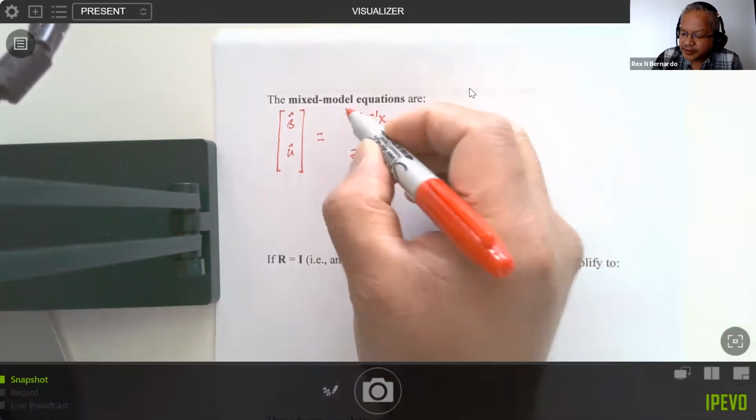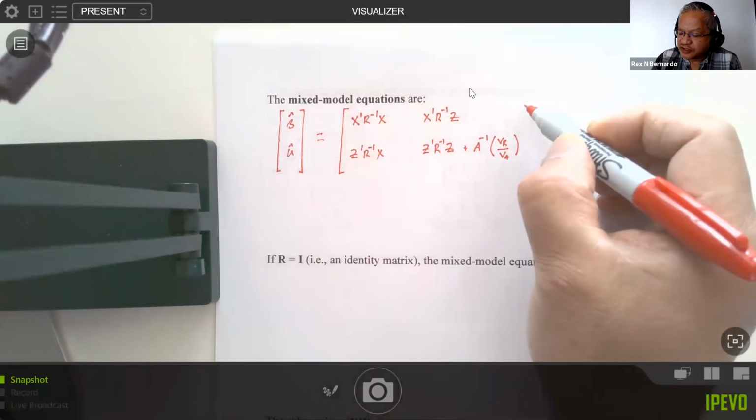That's what I would call the coefficient matrix.